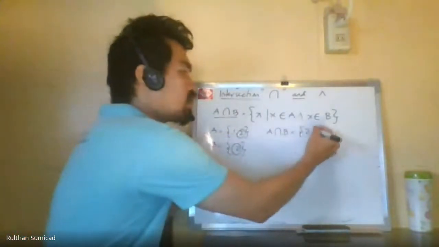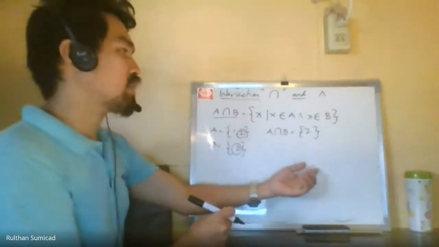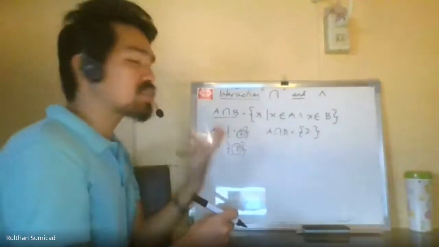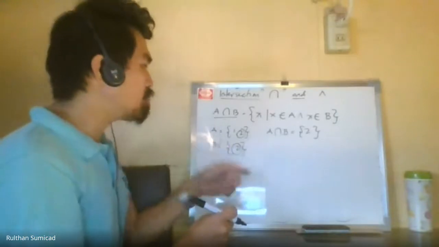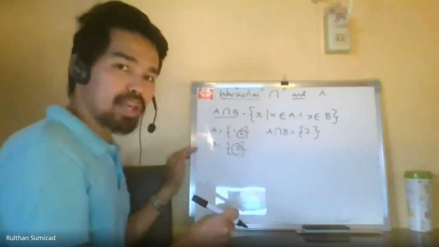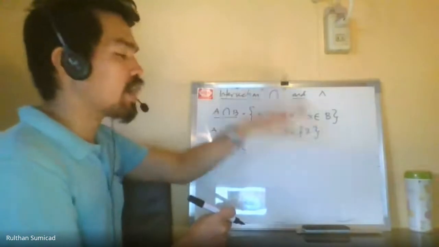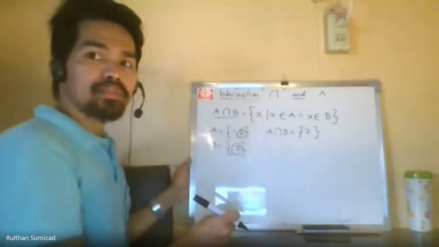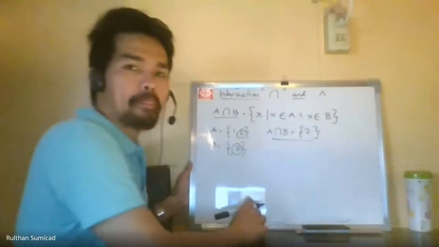Therefore, the intersection of A and B is a singleton, or a unit set, because it contains a single element found in both A and B. That's why the intersection yields a singleton type of set.